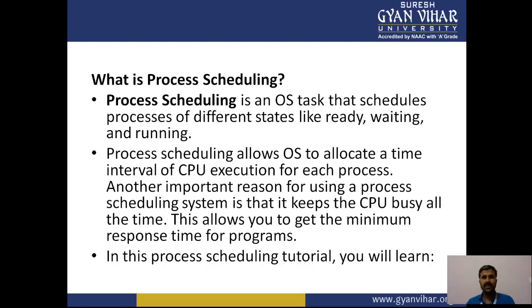Process scheduling allows the operating system to allocate a time interval of CPU execution to each process. Each and every process has certain time requirements, so process scheduling allocates the time interval, that is, which process executes and how much time it requires.